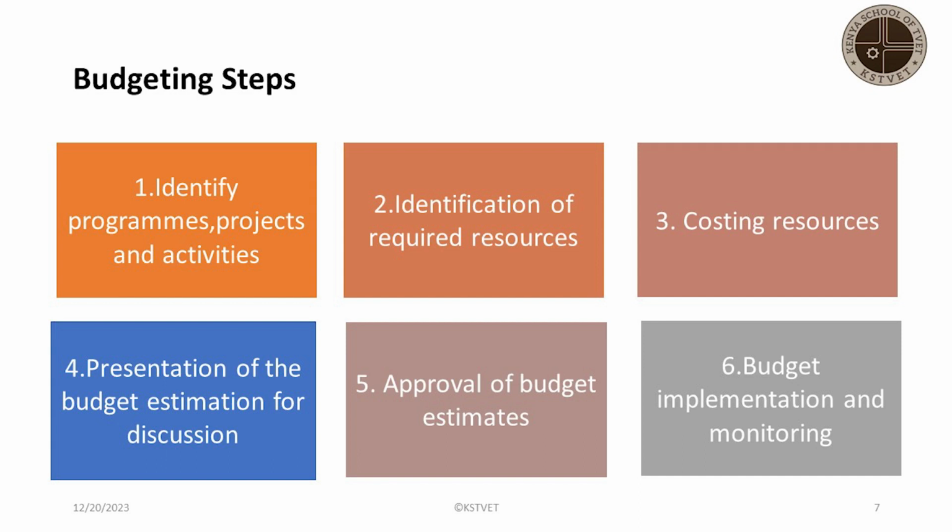Step 5. Obtaining approval of the budget by the authorities such as BOM or Council or Ministry of Education. Of course, BOM is Board of Governors. Step 6. Implementation and monitoring of the budget.